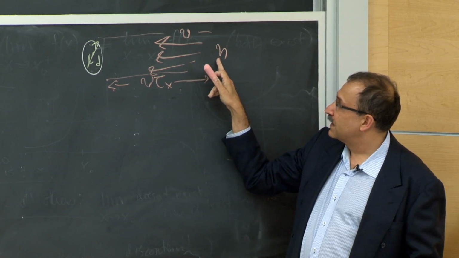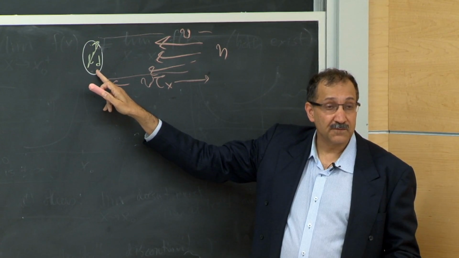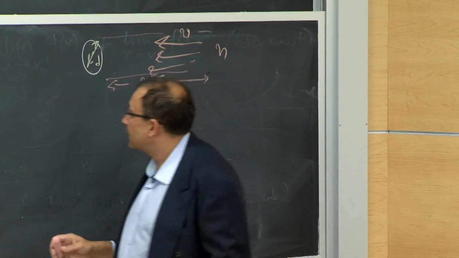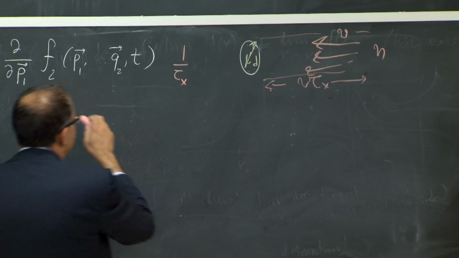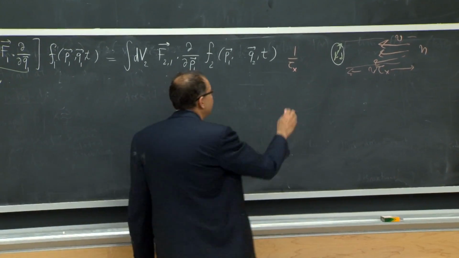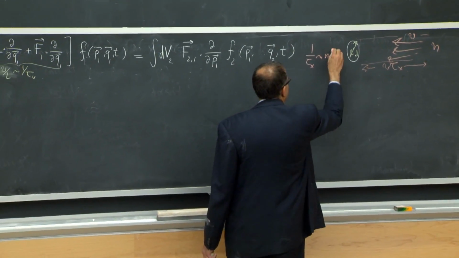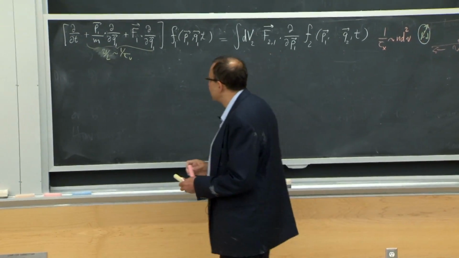V tau x n d squared should be of the order of 1. This gave us a formula for tau x. And essentially, the inverse of tau x that controls what's happening on this side is n d squared v. OK?